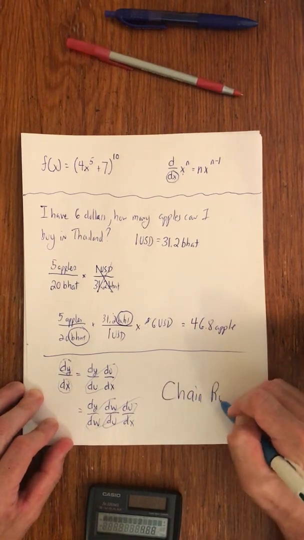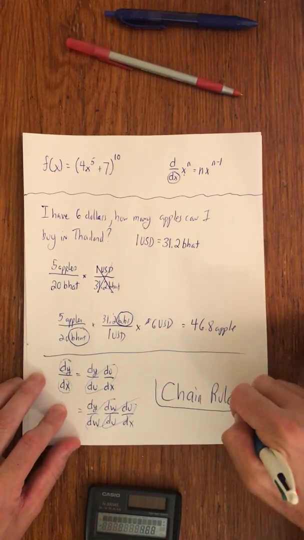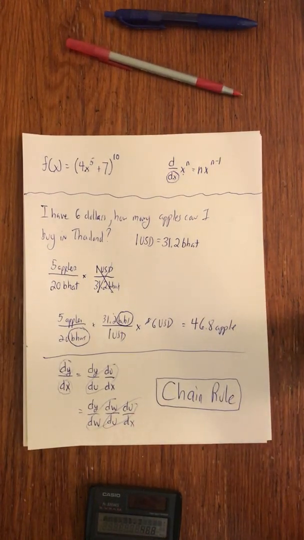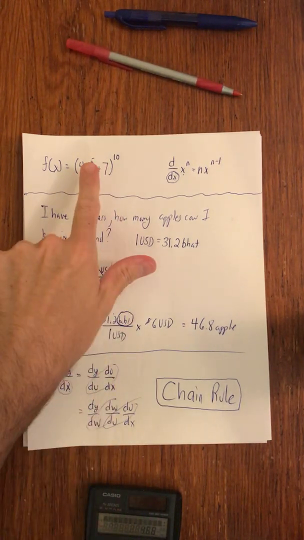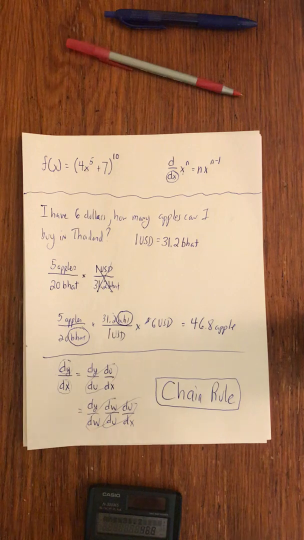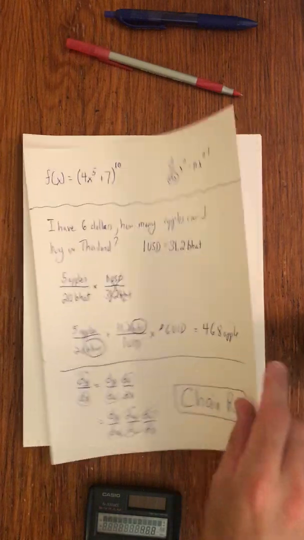The chain rule is our most versatile rule because the chain rule allows me to take something that doesn't look like one of our rules and make it into one of our rules. So what we're going to do is we're going to do this problem. I'm going to do it a couple of different ways structurally. First, kind of messy, and then second, in a sort of a neater format. And it's going to be up to you to decide how you want to do it.